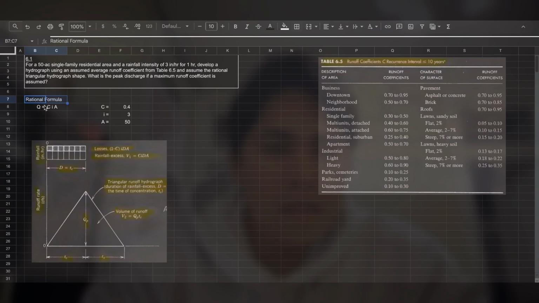This consists of something that we have already covered, Q equals CIA. That's the main formula for the rational method. Now the book mentions K C I A, where K prime is just the conversion factor to go from inches per hour of the intensity times the acres.